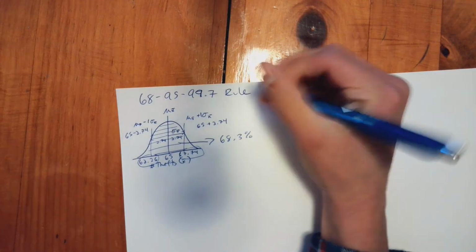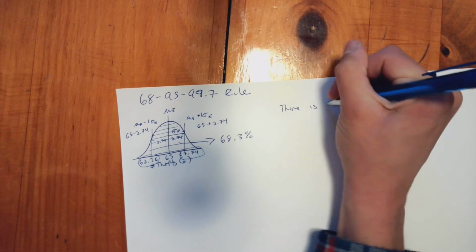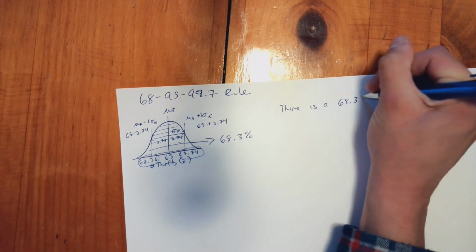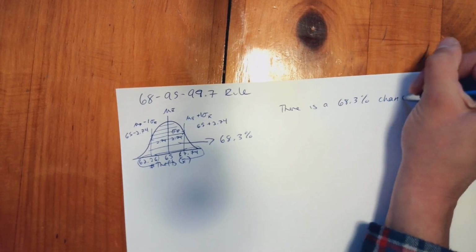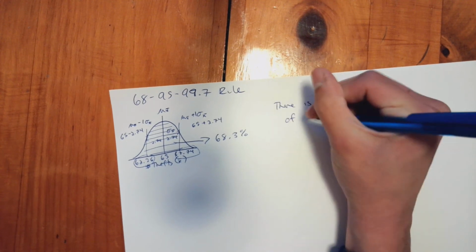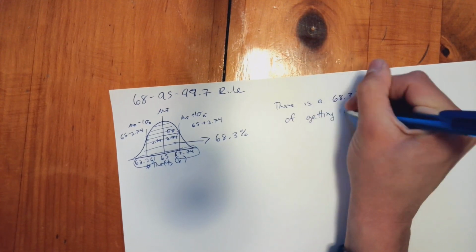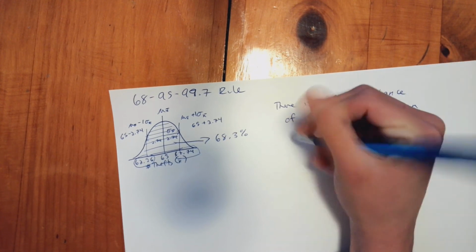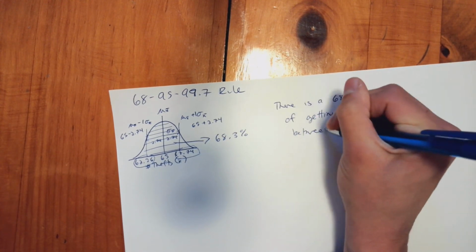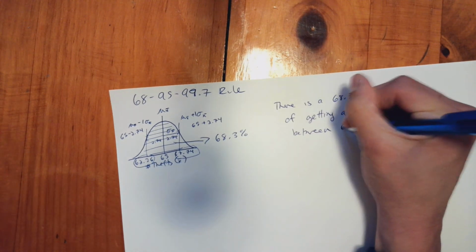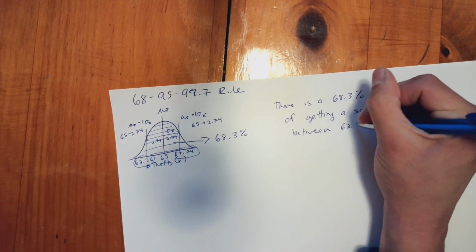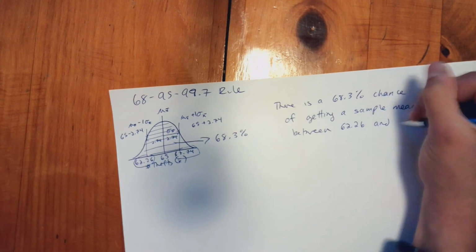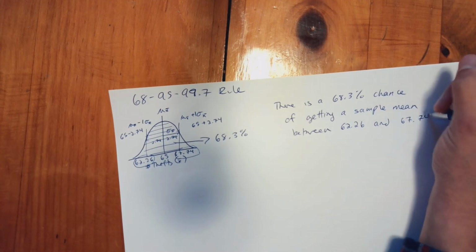In other words, we could say that there is a 68.3% chance of getting a sample mean between 62.26 and 67.74.